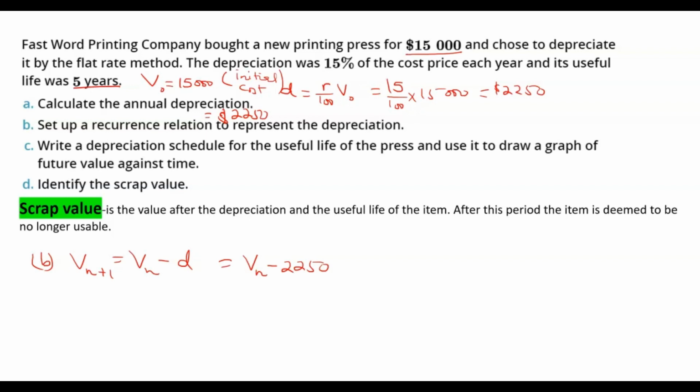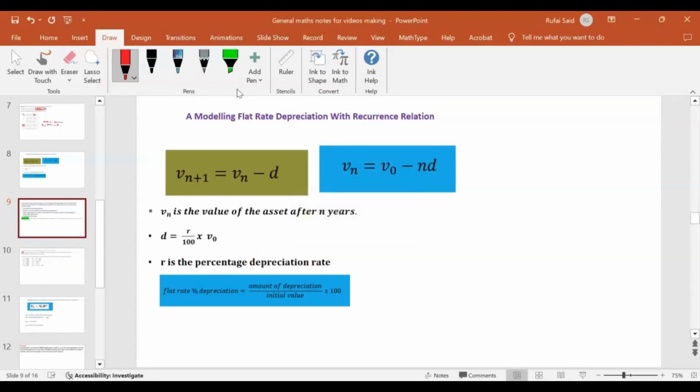Remember that the useful life is 5 years, our initial value is 15,000, and we calculated our depreciation value to be 2,250. So let's go and use our CAS.